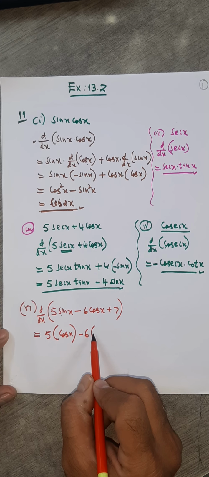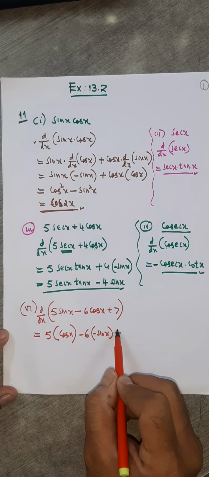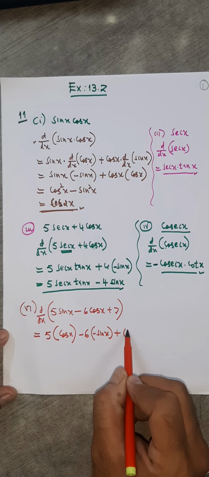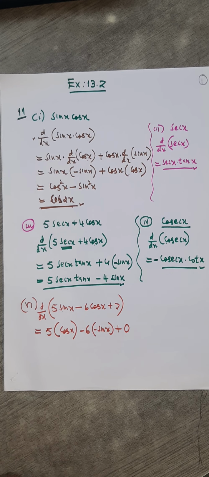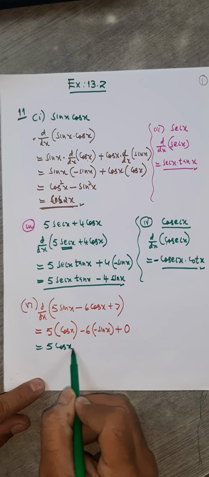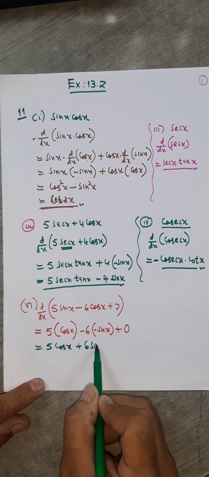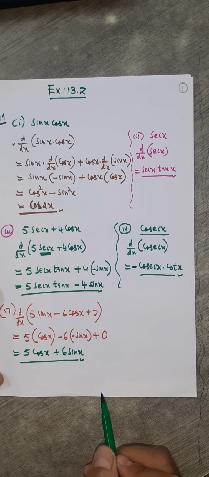Differentiation of cos. What is derivative of cos? Minus sine. 7 being constant alone, derivative is 0. If you have constant alone, then the derivative is 0, which we know. So finally 5 cos x plus 6 sin x plus 0. So this is the required derivative.